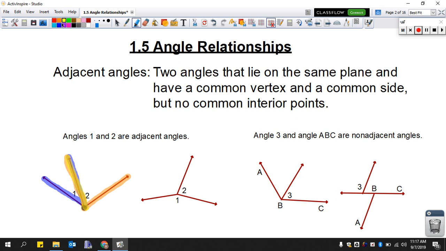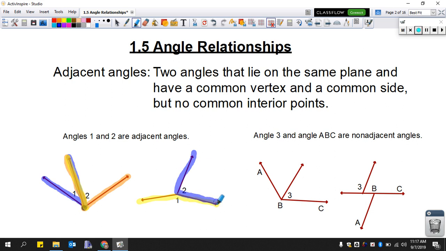All right. In the second one here, the same thing. Angle 1 is right there, and it's an obtuse angle. Angle 2 is right here, and it's an acute angle.